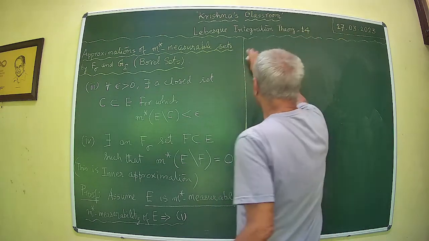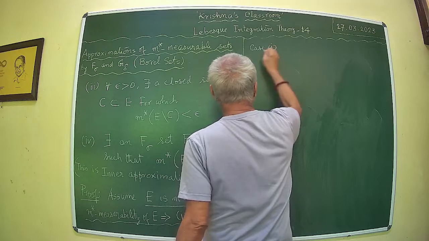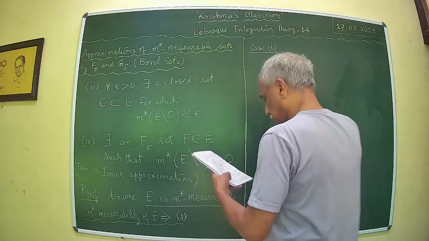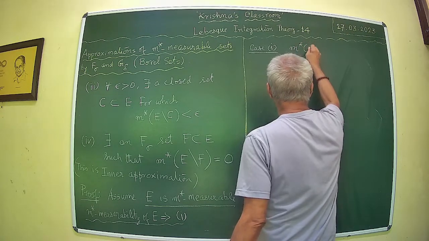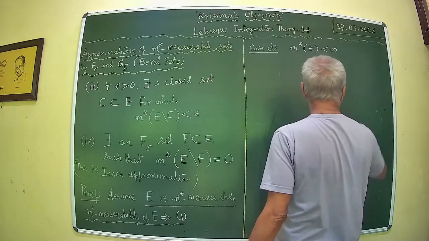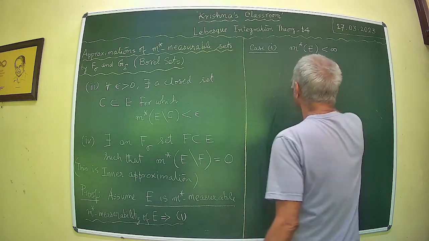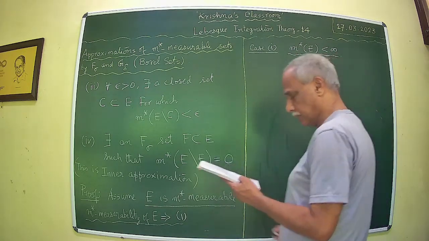So case 1, the first case: M star of E is finite.